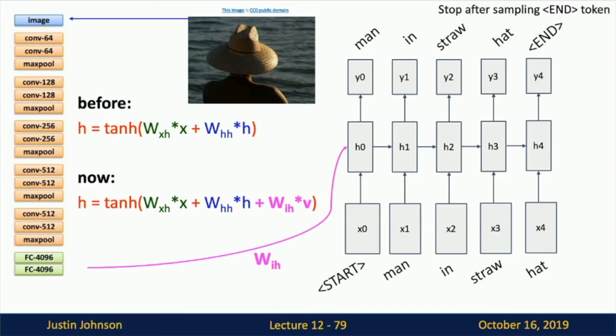When we're trying to predict H2, then the previous hidden state would be H1. And the purple is the feature vector coming from the convolutional neural network, which we're calling V, which is a single vector that we extract once from the convolutional network and then pass to each of the time steps of the recurrent neural network.